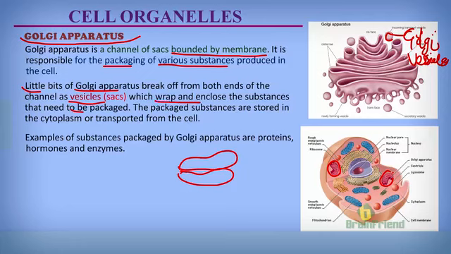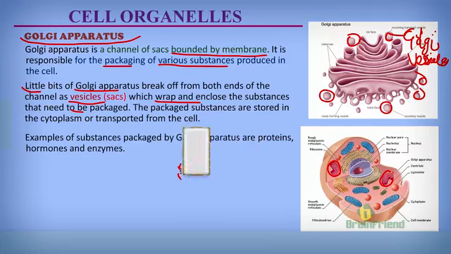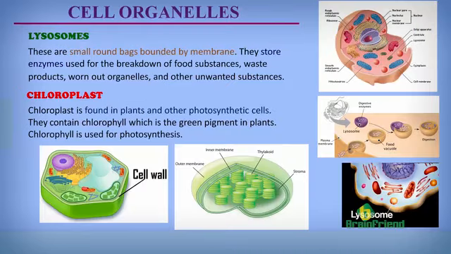Golgi vesicles can also remain in the cells to store substances. So this Golgi vesicle contains a particular substance which is either transported or stored within the cytoplasm of cells. Some examples of substances packaged by the Golgi apparatus are proteins manufactured in the ribosomes, hormones, and enzymes. All of these are packaged by the Golgi apparatus.